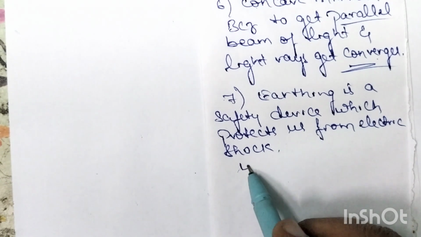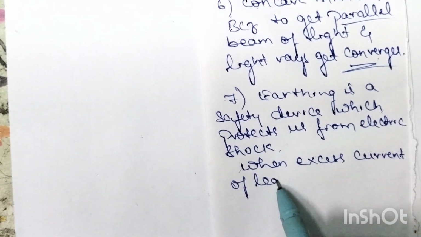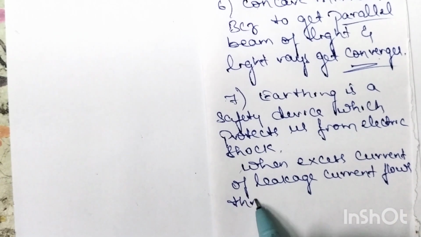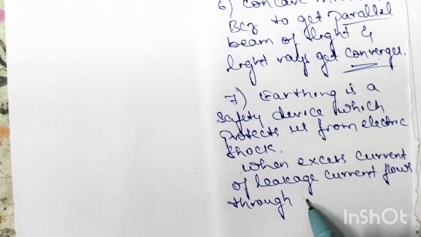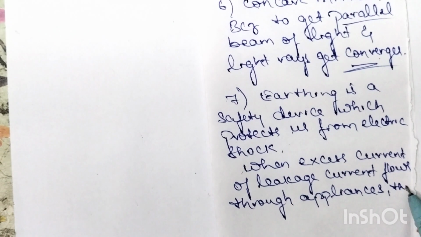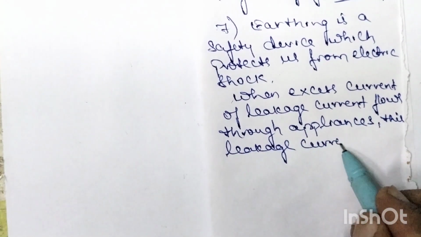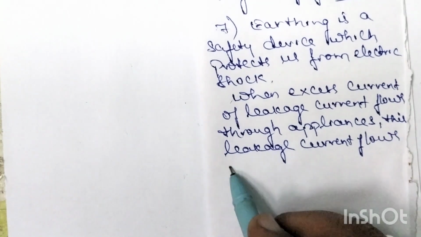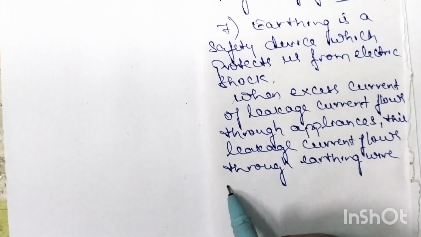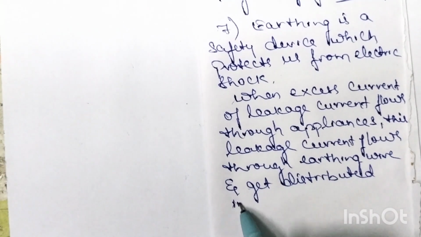So when excess current or leakage current flows through appliances, this leakage current flows through the earthing wire and gets distributed into the earth.